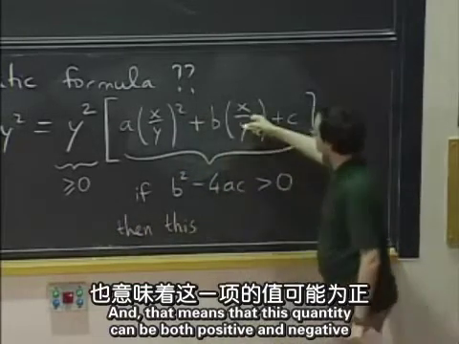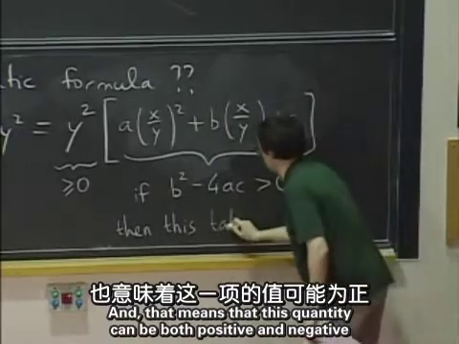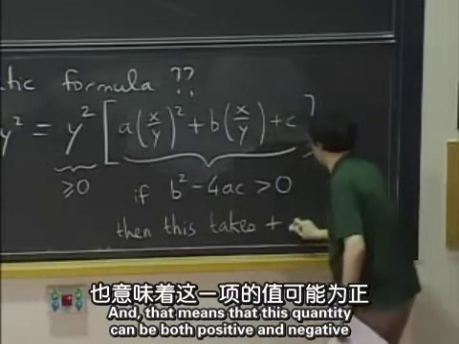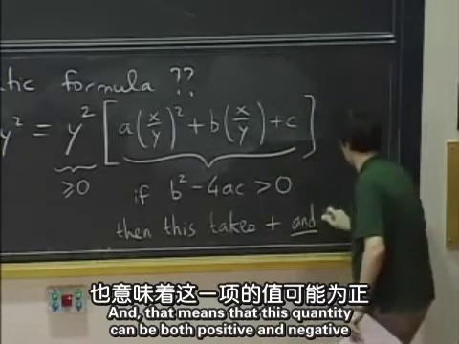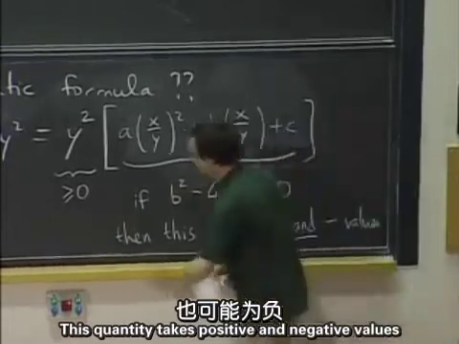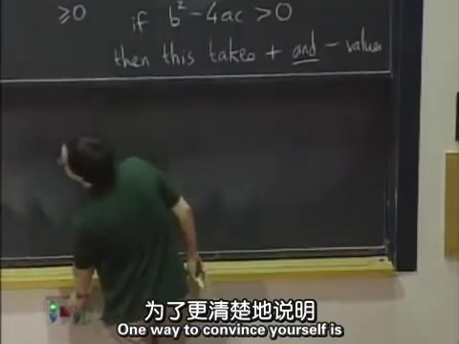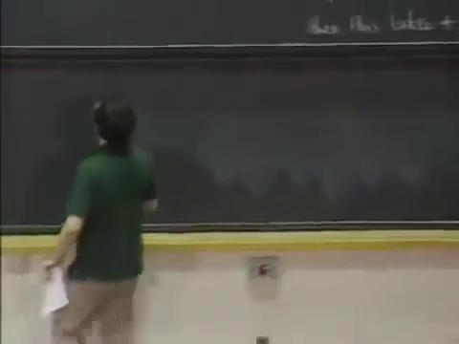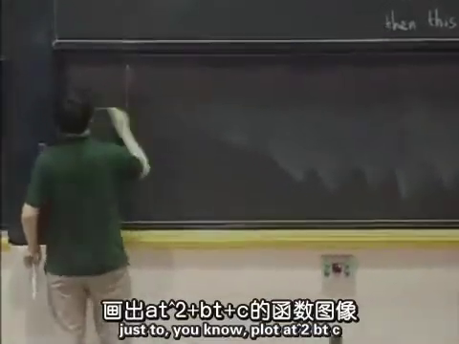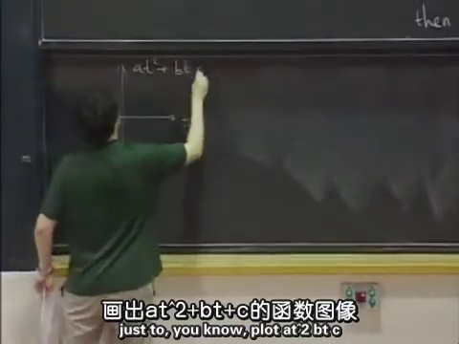And that means that this quantity takes positive and negative values. One way to convince yourself is just to plot a x squared plus b x plus c.